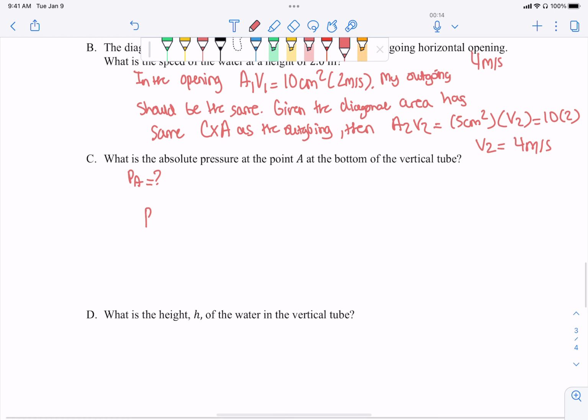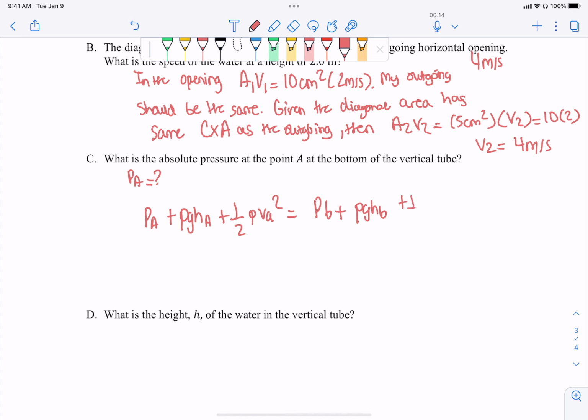So we have pressure A plus ρgh_A plus half ρv_A squared should equal P_B plus ρgh_B plus half ρv_B squared. So from the get-go, we can eliminate this.